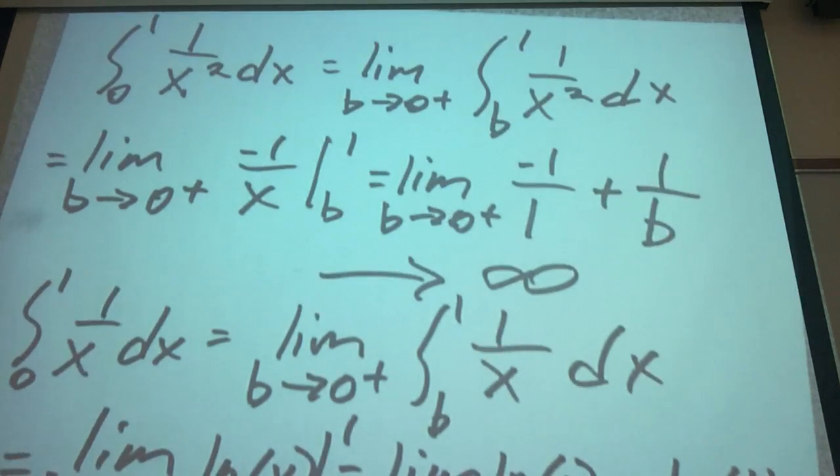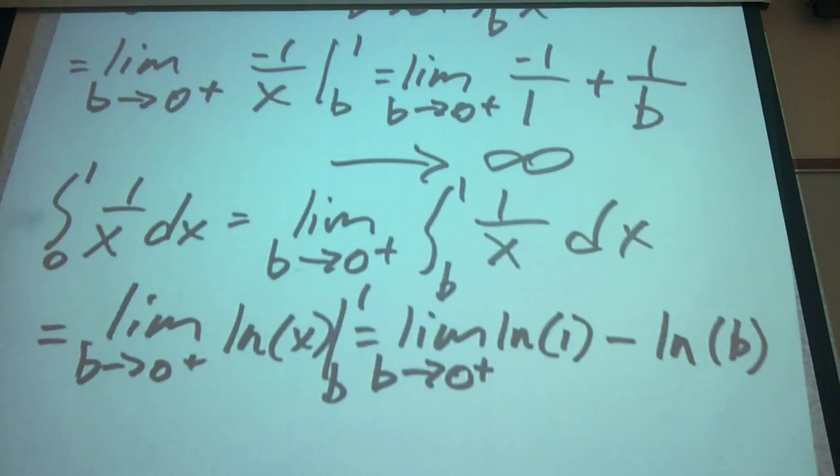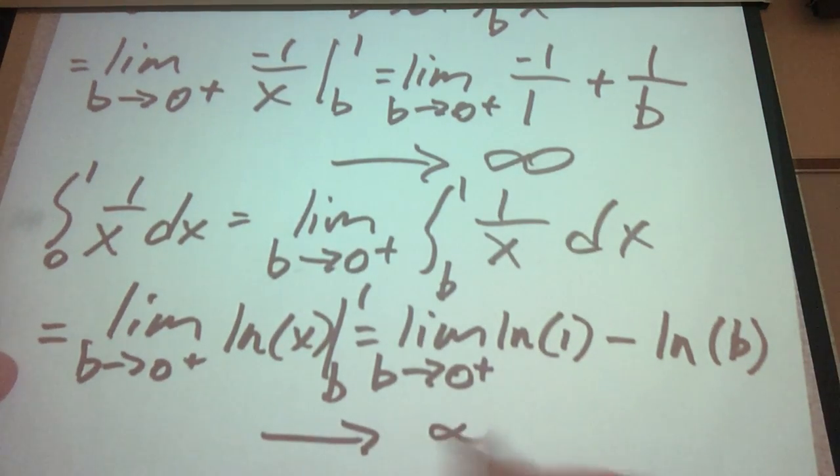Okay, and now when you think about this problem, the natural log of 1 is 0. And if I send the limit as b tends towards 0 of the natural log, that is going to tend towards negative infinity. Okay, but that thing's already negative. So since it's already negative, this is actually going to tend towards infinity.